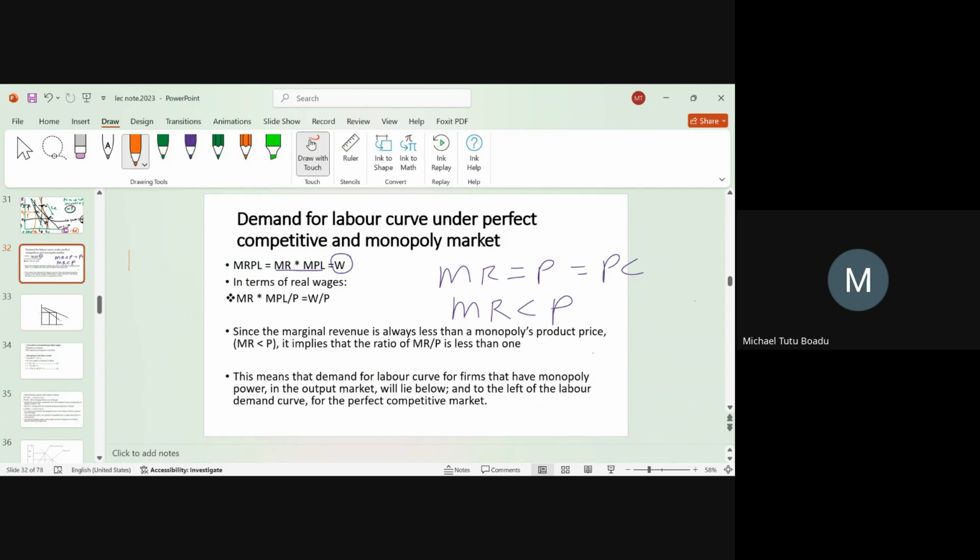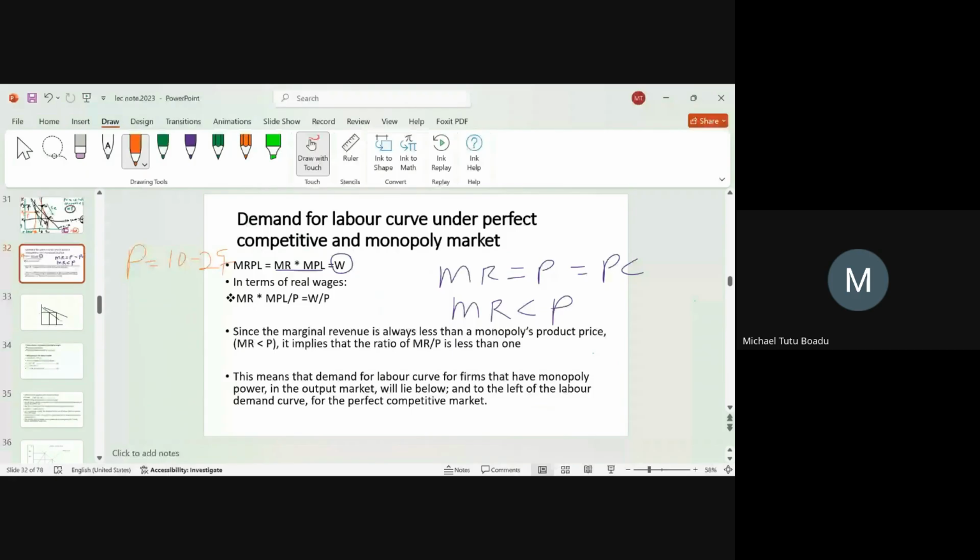Let's assume this inverse demand function: P = 10 - 2Q. This is the price of a product.